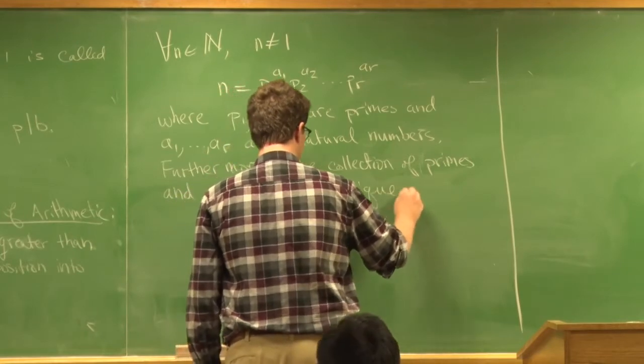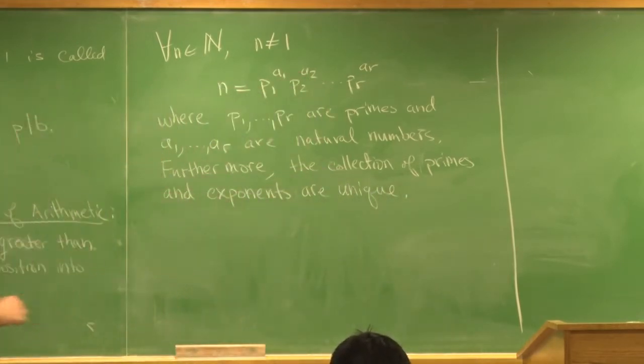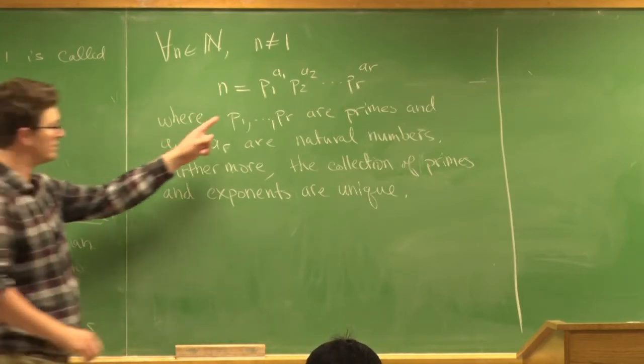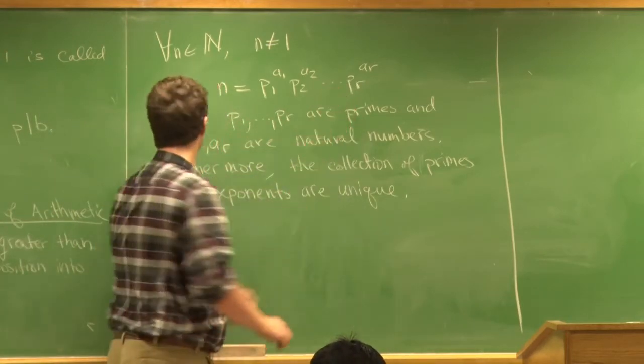That's how you're supposed to parse this. So they uniquely determine the number. Is that through addition or multiplication? Multiplication. This is multiplication here. You multiply it like this.